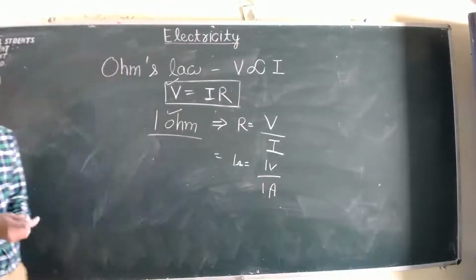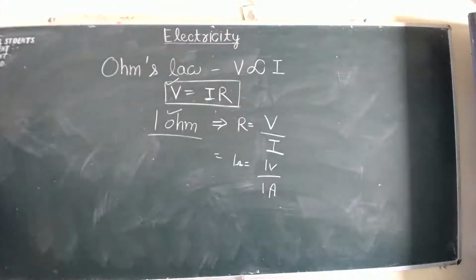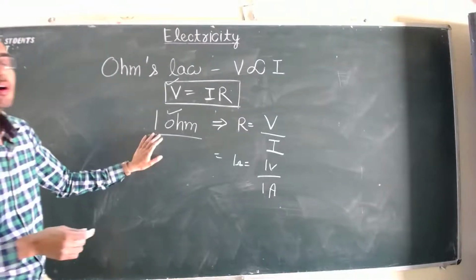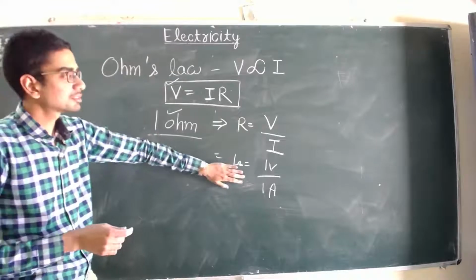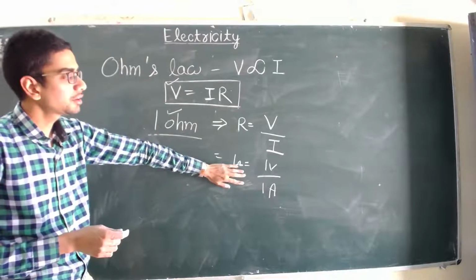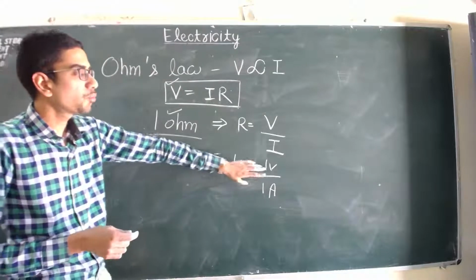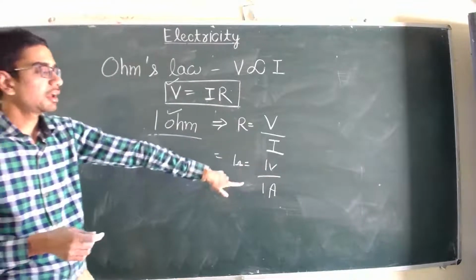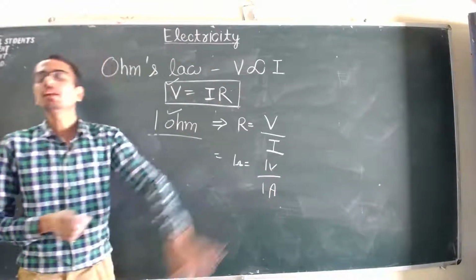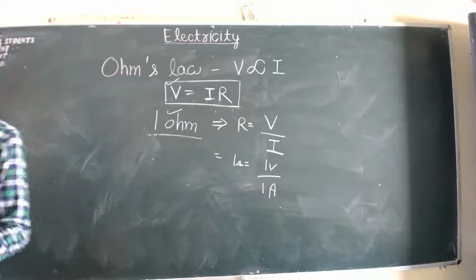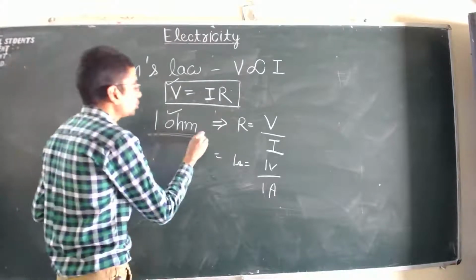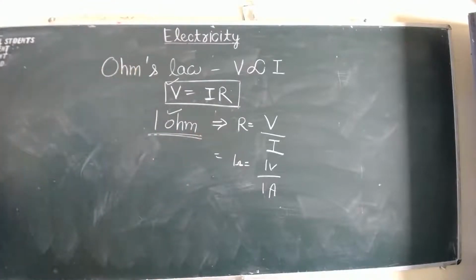और अच्छे से आप कैसे डिफाइन कर सकते हैं? 1 ohm is the resistance of a conductor when there is a potential difference of 1 volt across its ends and current flowing is 1 ampere. ठीक है? That's how we define 1 ohm.